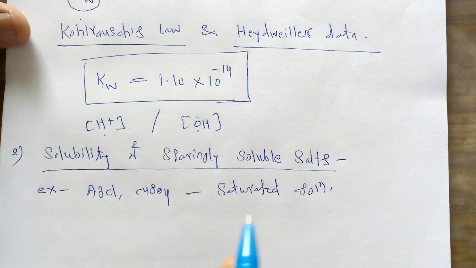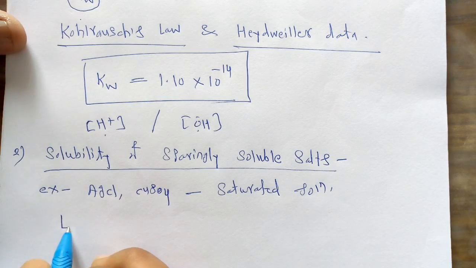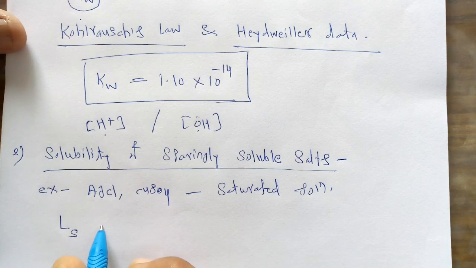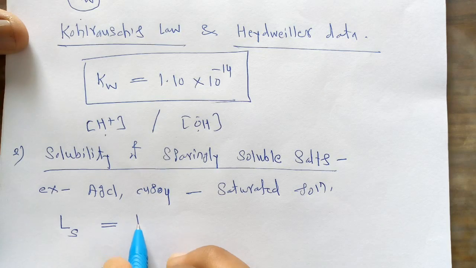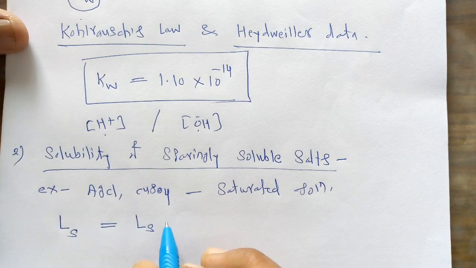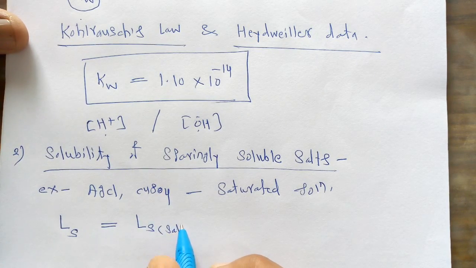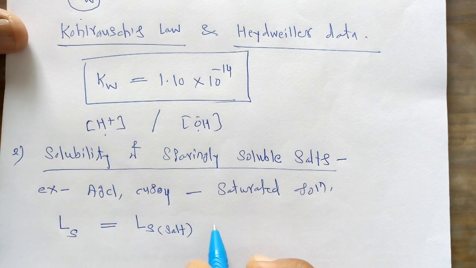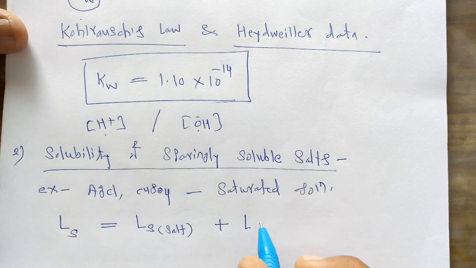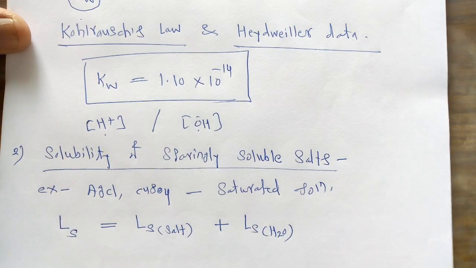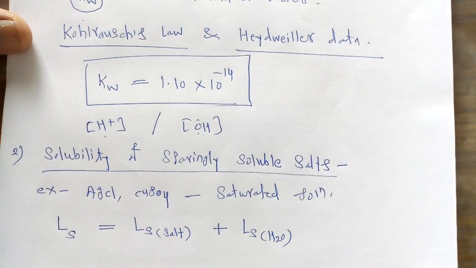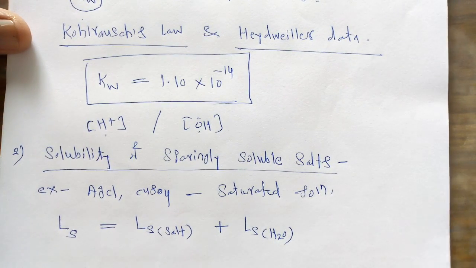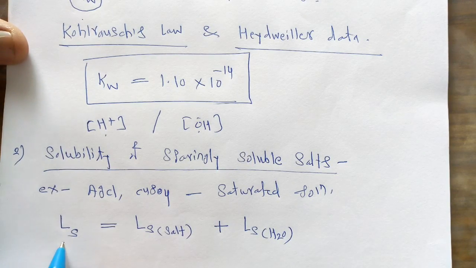Now from this we may calculate the specific conductance of the saturated solution as Ls = specific conductance of the salt plus specific conductance of the water. It is the relation by which we can calculate the specific conductance of the saturated solution. This Ls is called the specific conductance of the saturated solution.